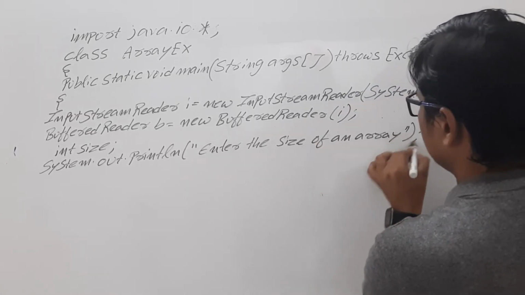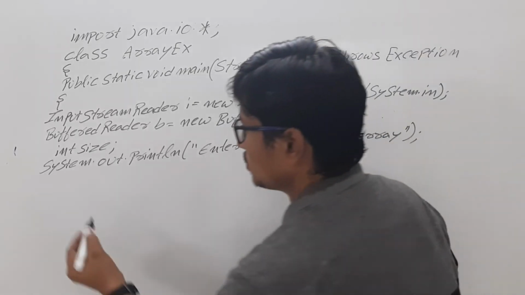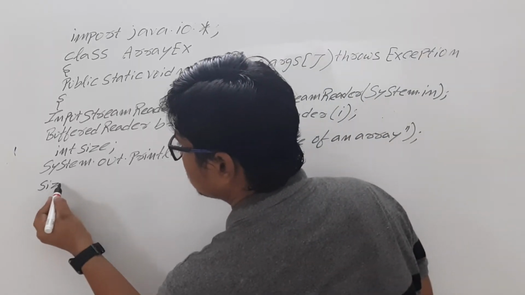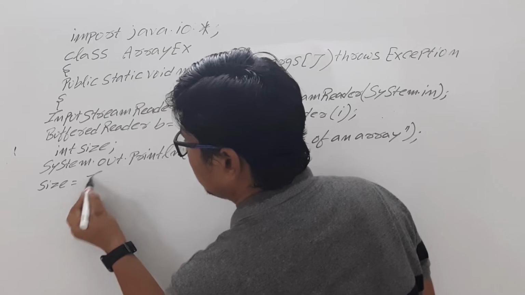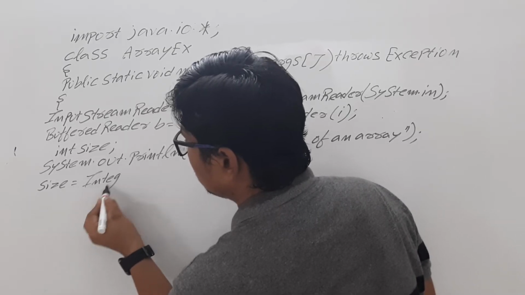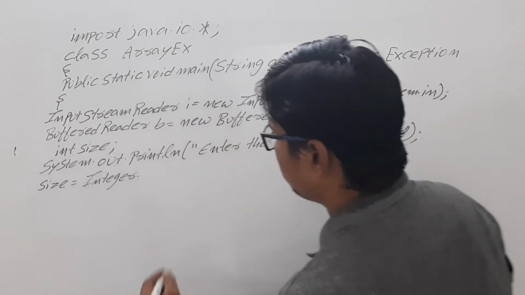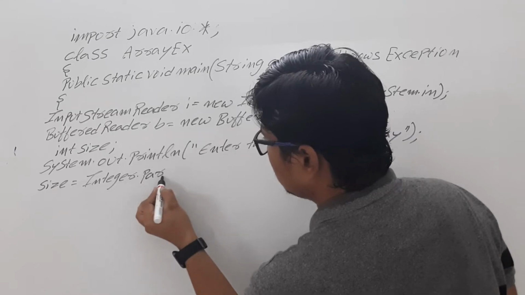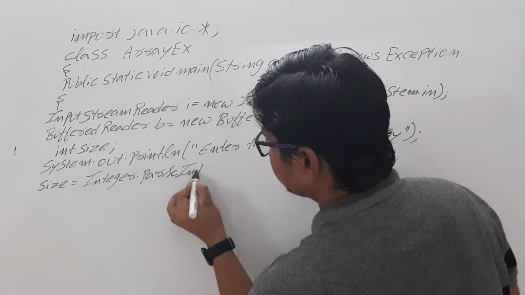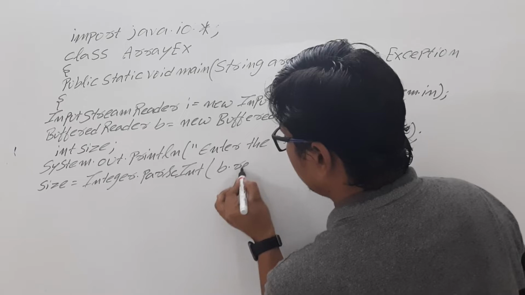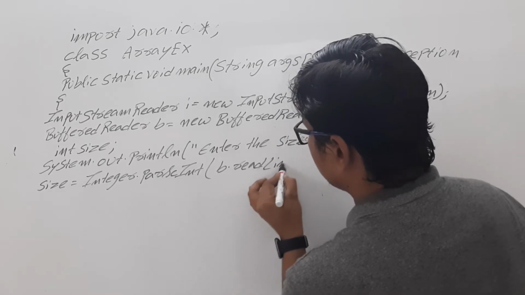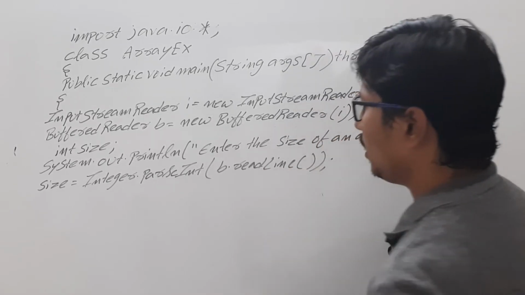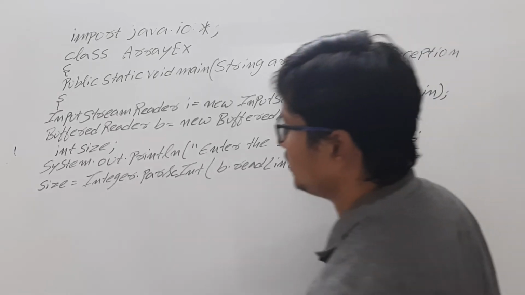You can write like this or you can give it directly also. Then I will write size is equal to Integer.parseInt(b.readLine()). Now I will declare the integer array.